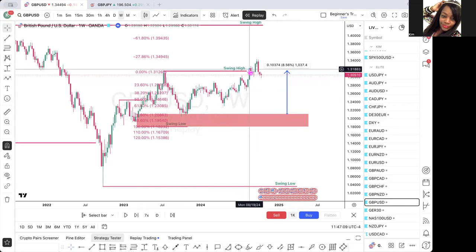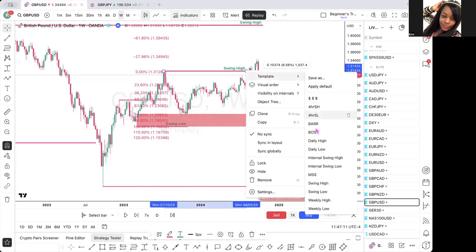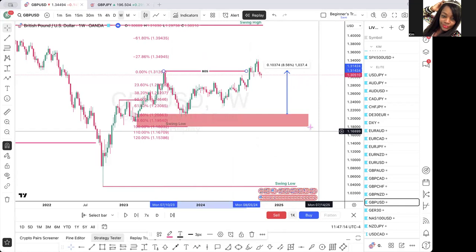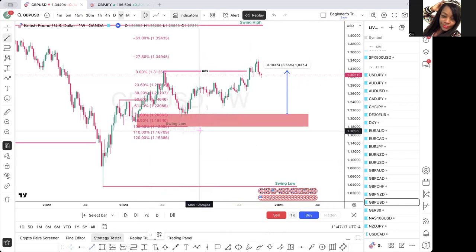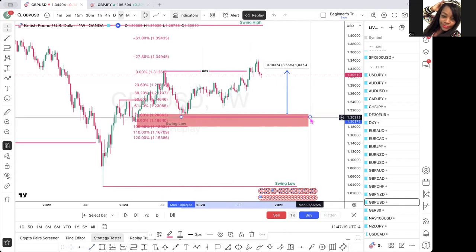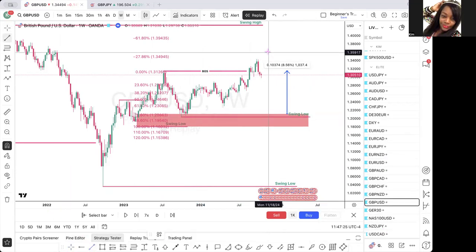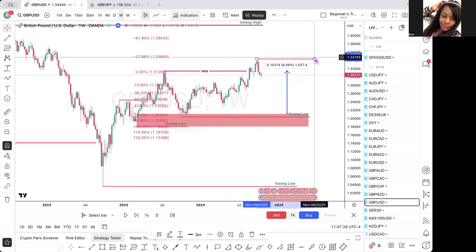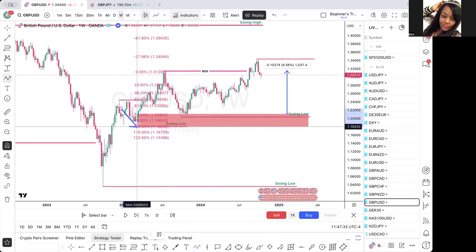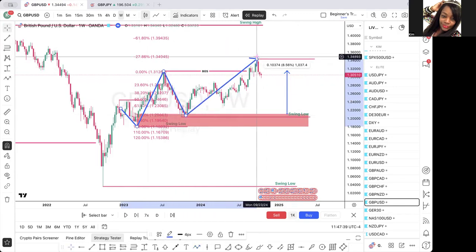Once price broke the high, this is officially now a break of structure, and then this is officially the swing low, and this is officially now the swing high. So my current structure went from here to here, from here to here. Does that make sense? Everybody see that? Everybody understand that?